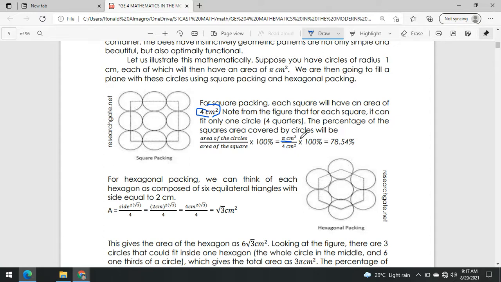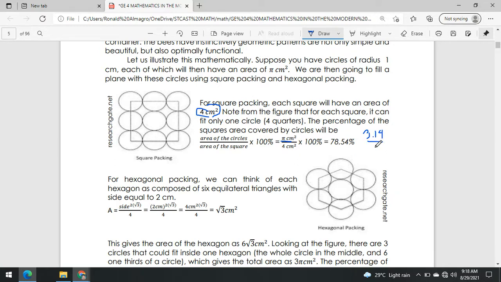So pi centimeter square unit over 4 centimeter square unit, times 100%, equals... You need to divide na lang po. So pi over 4, what is the value of pi? We have 3.14.